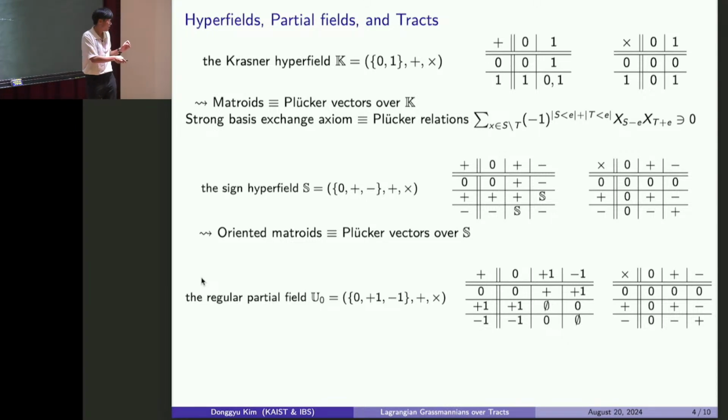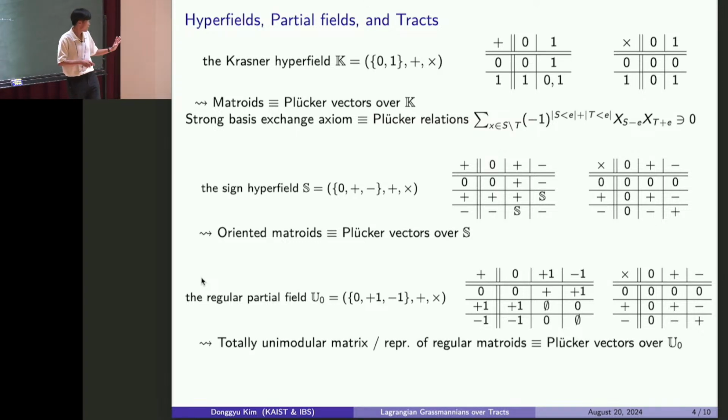What I mean is the sum of 1 and 1, plus and plus, is not defined. In the real field it is 2, but we just ignore this. And same for -1 plus -1. So if you consider the Plücker vector over this regular partial field, it is nothing but exactly a totally unimodular matrix.